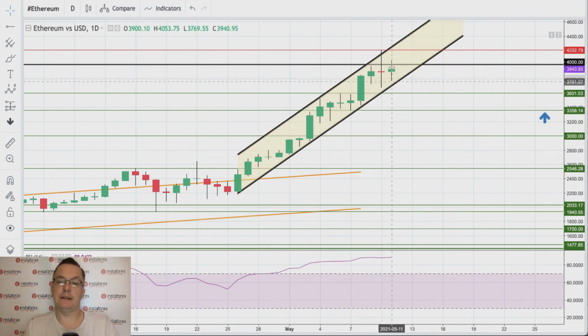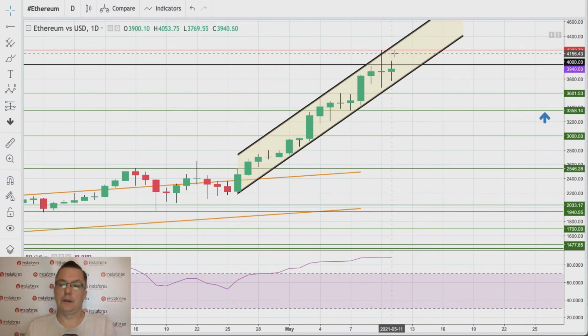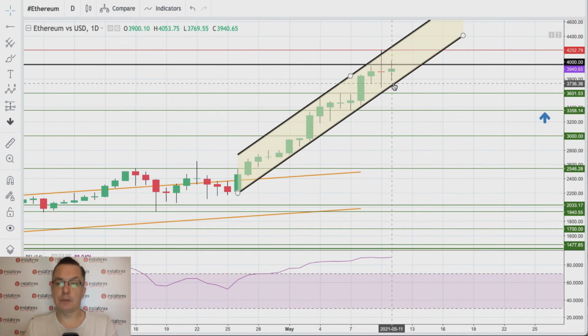So please pay attention to today's candle, because if we break out of this acceleration channel, as you can see, 1 2 3 4 5 6 7 8 9 10 11 12 13 14, over 2 weeks of a rally, then of course we can go very sharply lower towards 3,601 technical support, or even 3,358, which is the lower technical support for the Ethereum bulls.